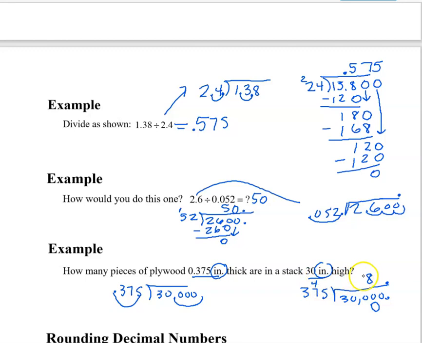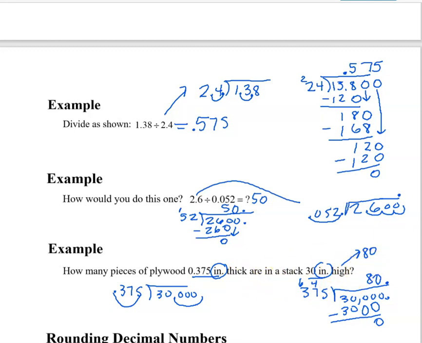Carry your 4. 8 times 7 is going to be 56 plus 4, 60. Carry your 6. 8 times 3 is 24 plus 6 is 30. So when we subtract, we're going to get 0, but we still need a 0 here. So the answer to this problem, 80. We can get 80 pieces of plywood.